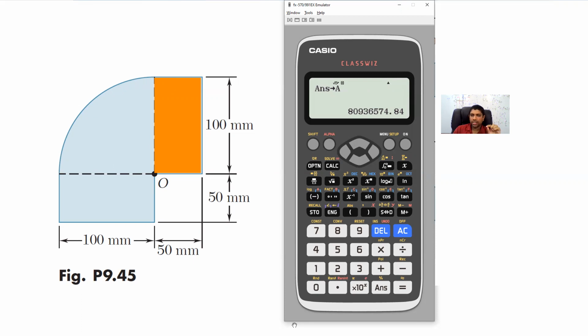For the quarter ellipse, again x bar and y bar will be 4r over 3 pi. For a semicircle, 4r over 3 pi. The same value will be used for the quarter circle also. If you want to prove that, you have to consider the circular sector that you have used in A level.